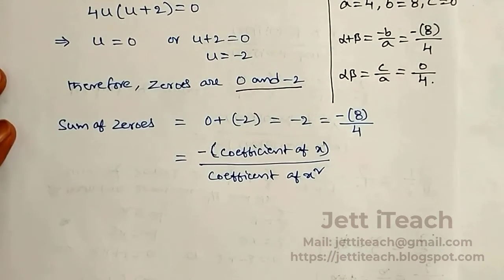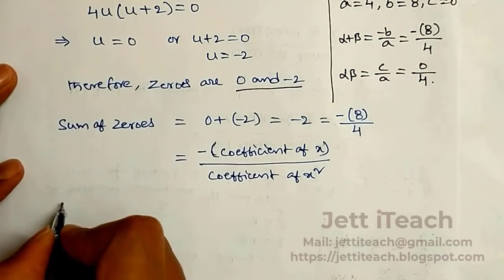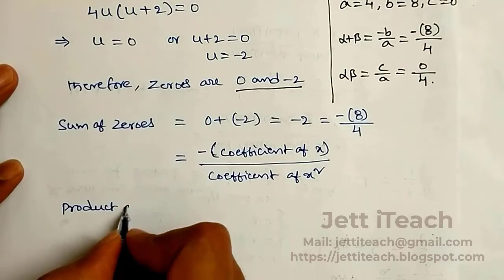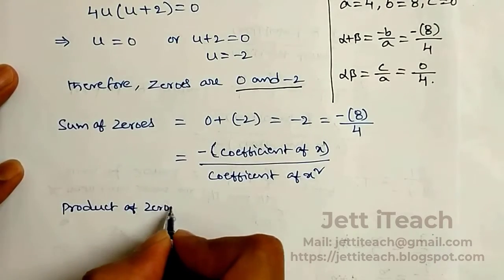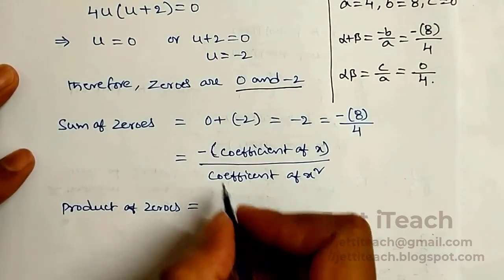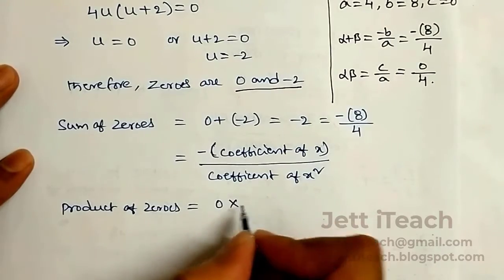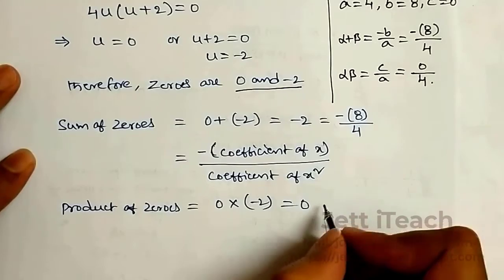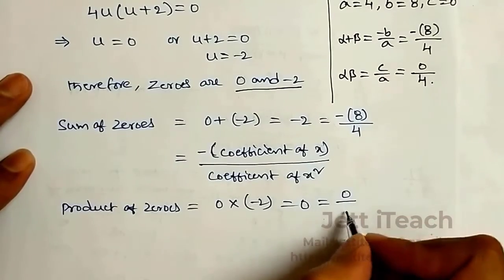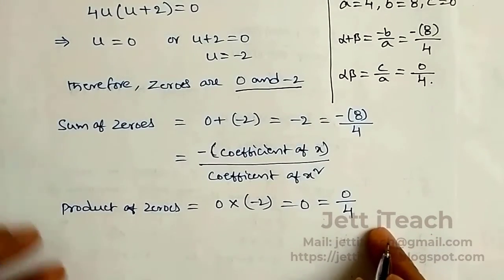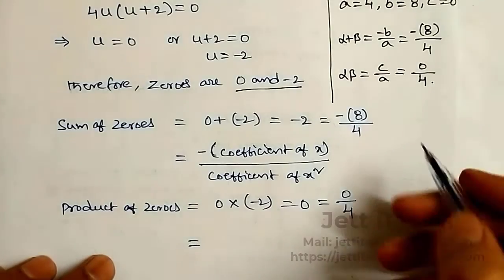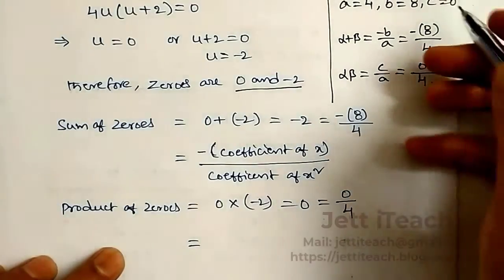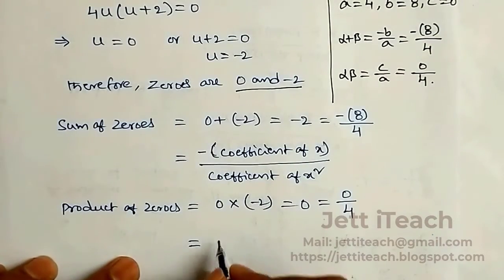Next, product of zeros. Zero into minus 2 equal to 0. 0 can be written as 0 by 4. So here 0 means C, the constant term.